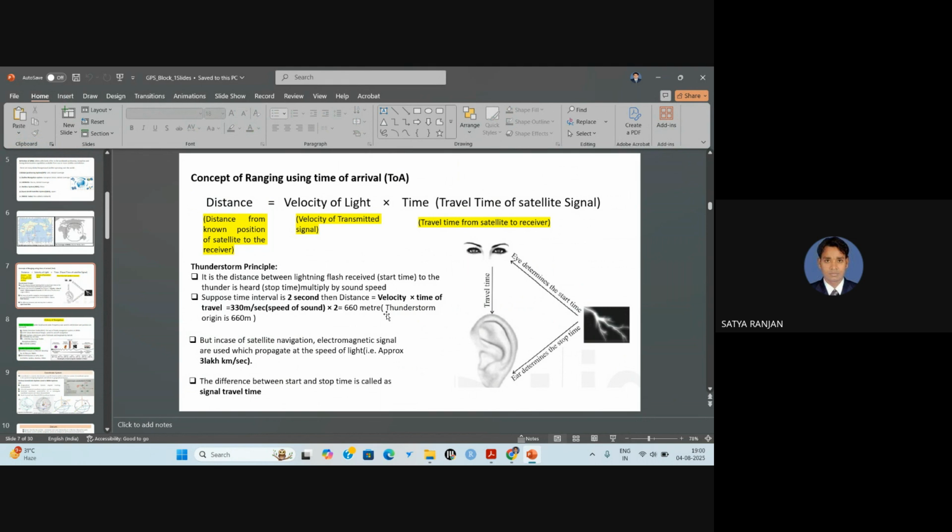This signal timing we can calculate with the help of a GPS receiver. So this timing signifies the distance between the position of a person and the satellite. Yes, sir. So same phenomenon. Okay, sir. So in case of satellite navigation, it is the same.